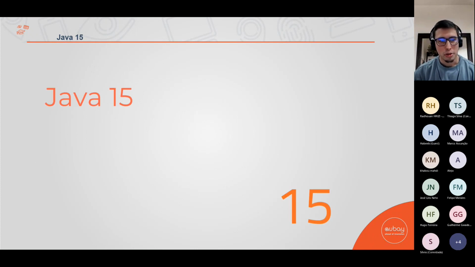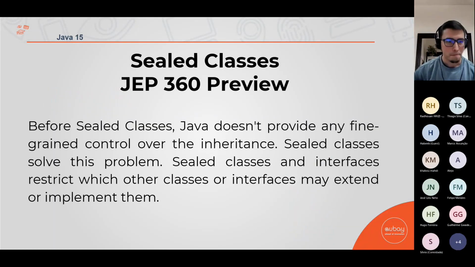So now we'll talk about Java 15. Again, if you have any question, you can put it on the chat or ask me at the end, okay? About Java 15, we have sealed classes, done by JEP 360, and this is a preview. Before sealed classes, Java didn't provide any fine-grained control over inheritance.